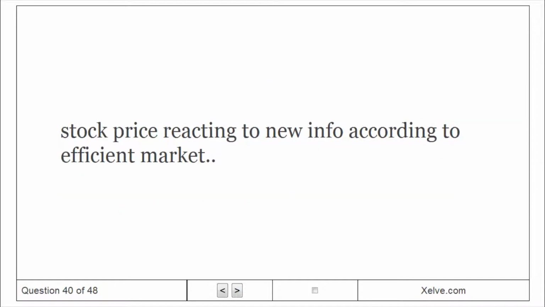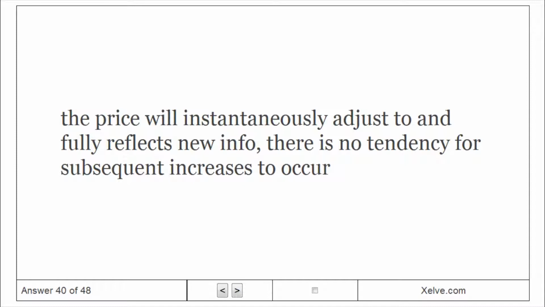Stock price reacting to new info according to efficient market: the price will instantaneously adjust to and fully reflect new info. There is no tendency for subsequent increases to occur.